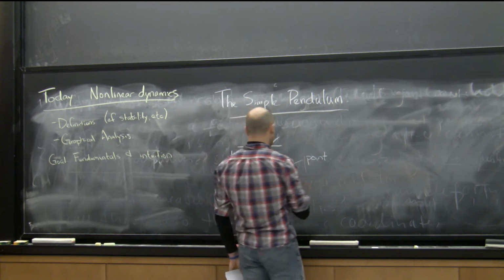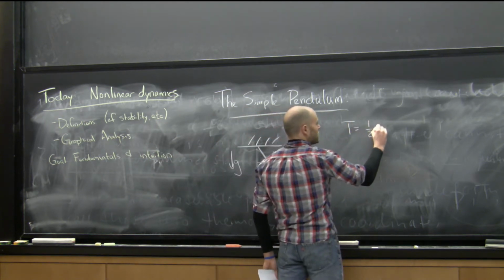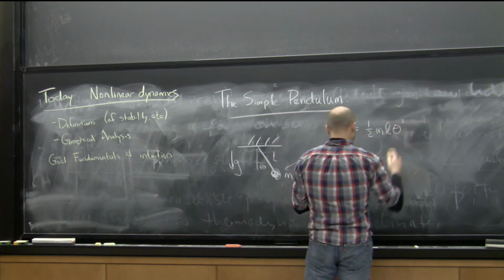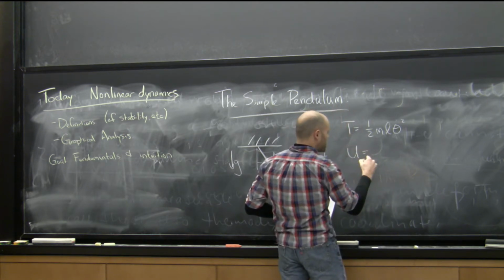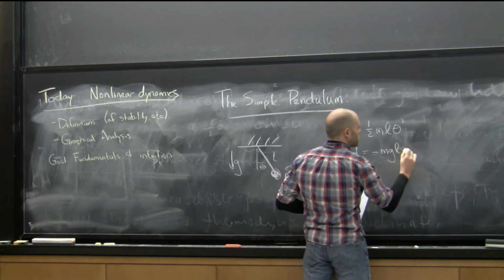So we can do exactly what we did last time, write the kinetic energy and have one half m L squared theta dot squared. Kinetic energy, potential energy. Now it's negative mgl cosine theta.